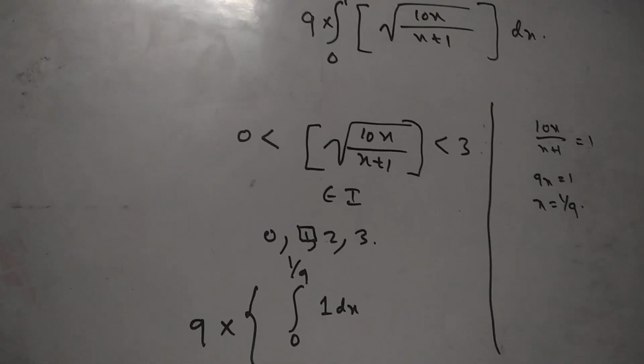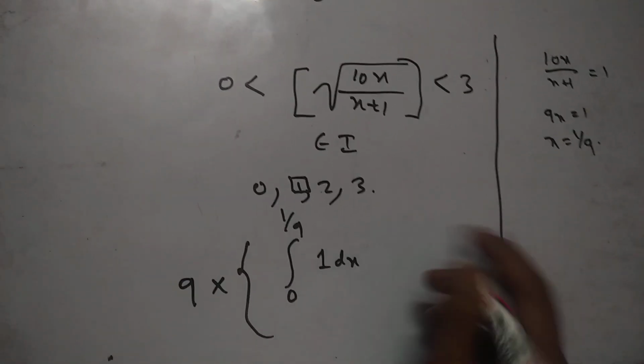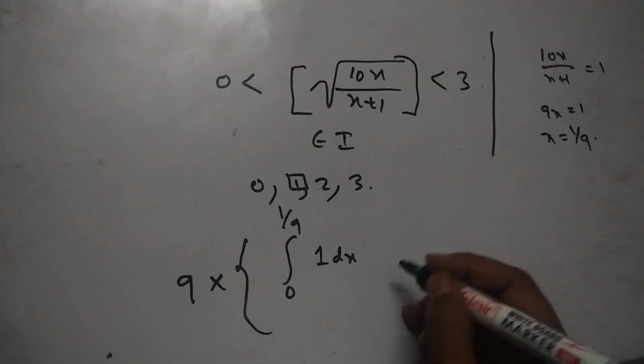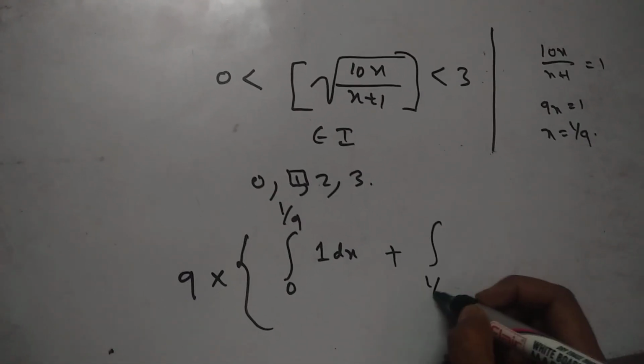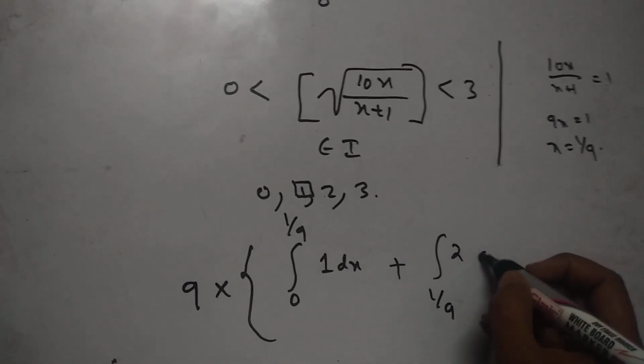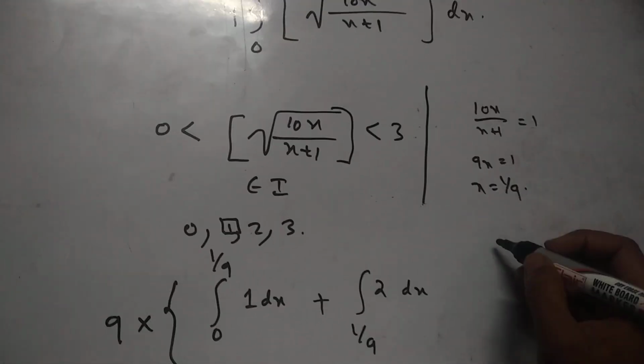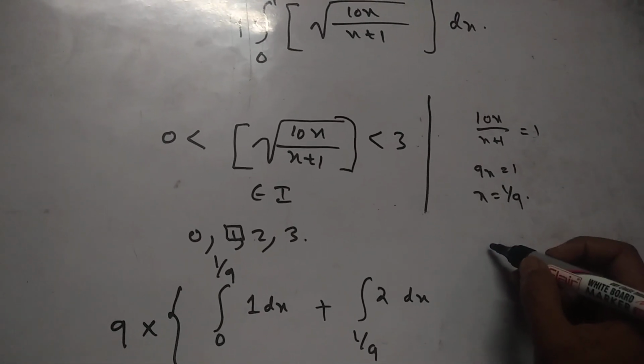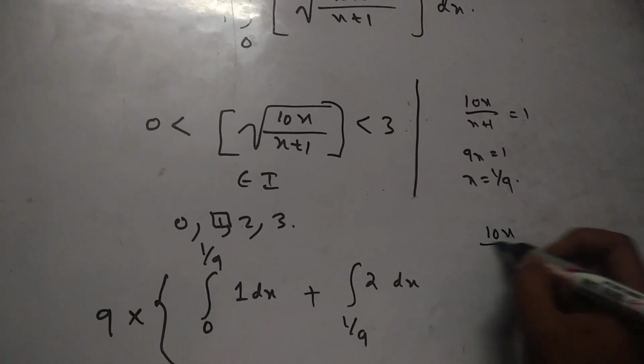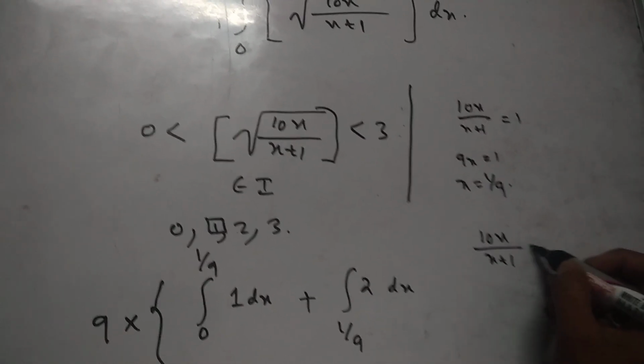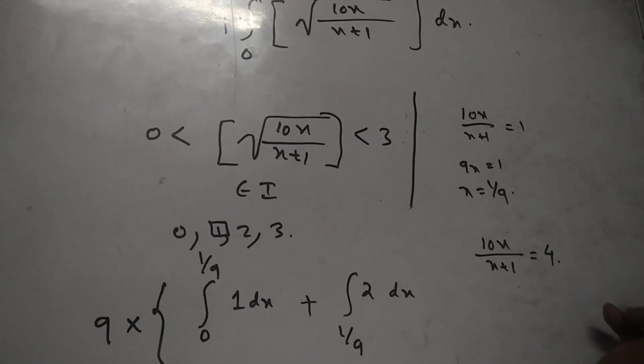And 0 we know, so we did not find out 0 separately. Plus 1 by 9 to something, it will be 2 dx. Now let's see where this thing is becoming 4, right?